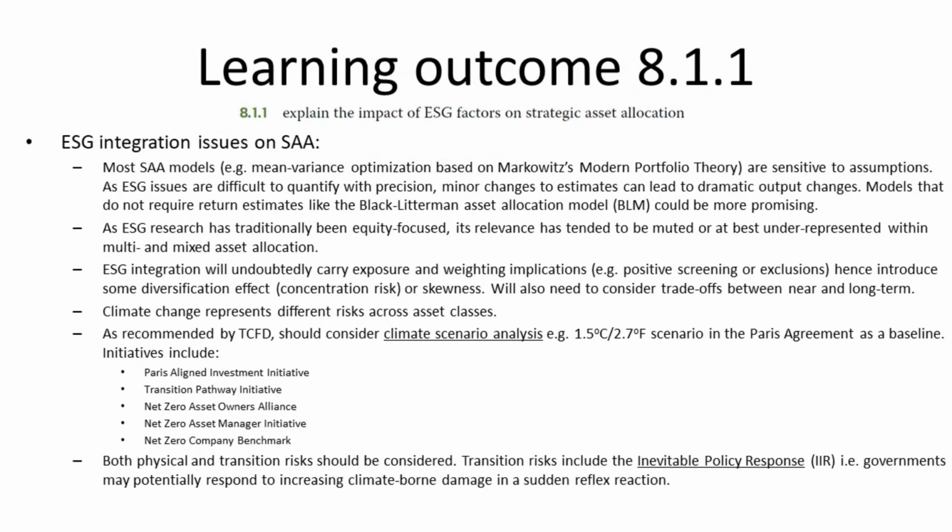ESG integration will undoubtedly carry exposure and weighting implications, for example positive screening or exclusions, hence introducing some diversification effect, or actually lack of diversification, like concentration risk or skewness. We also need to consider trade-offs between near and long term. Although ESG integration is meant to be long term, inevitably there will be short-term impacts.